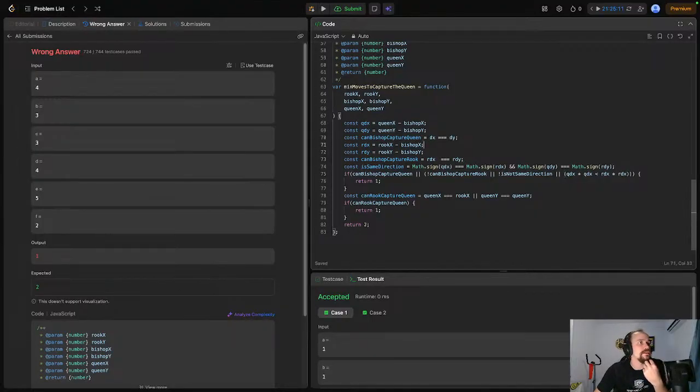We already know that RDX is the same as RDY at this point, so we just multiply them both out. So basically the question we're answering here: can we do this bishop capture in one move?